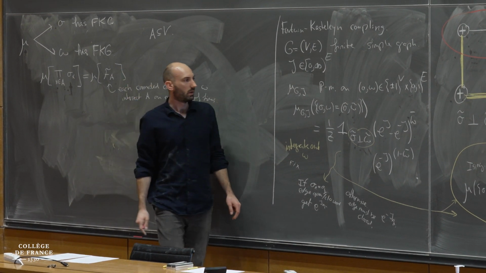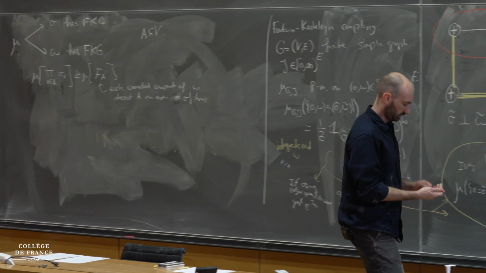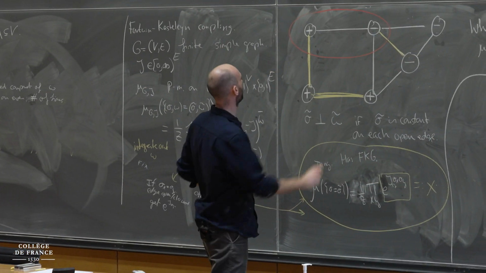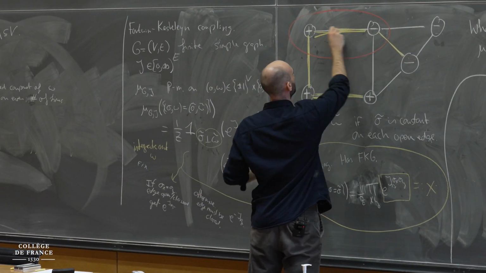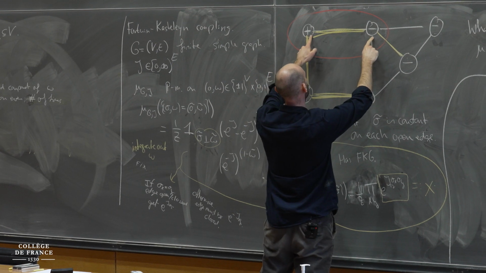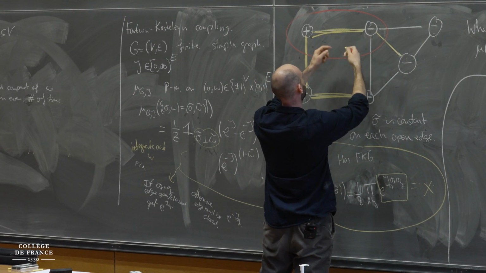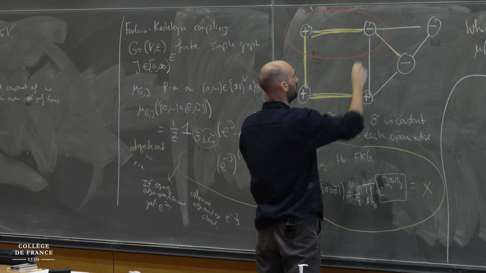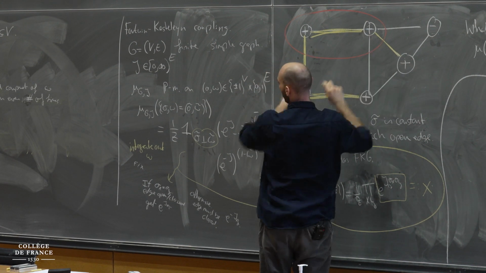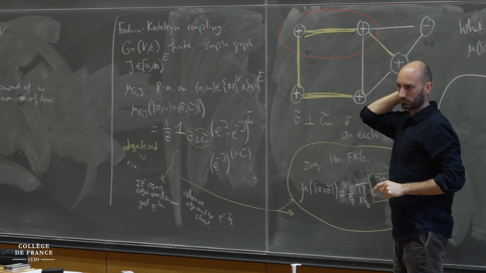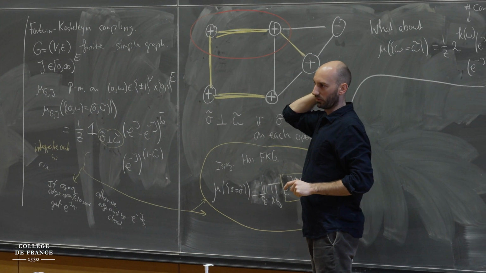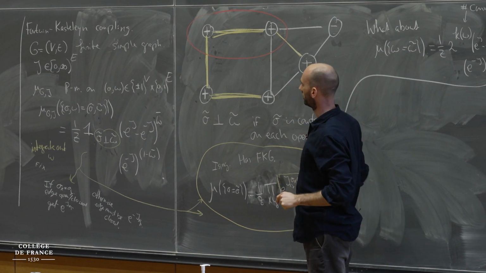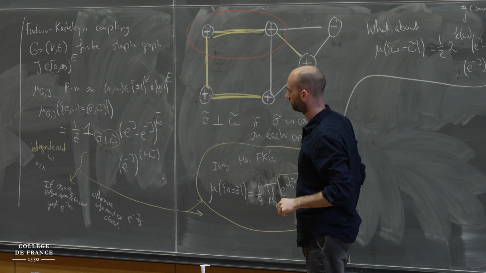Because, well, suppose that this was connected. We're taking the product of these two spins, but since it's connected, we know that almost surely the spins are going to be the same. And therefore it's identically equal to 1.